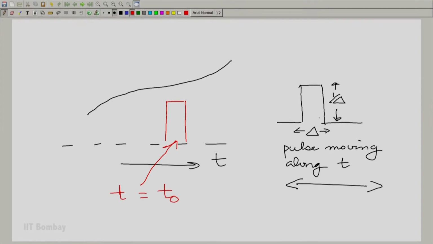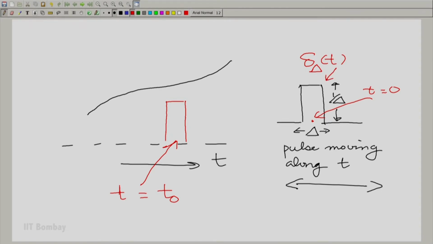So if this pulse were originally at 0 here, and if I give this pulse a name, I call it delta, capital delta t. This is the name I give to this pulse.